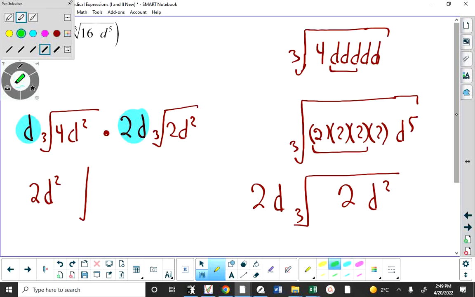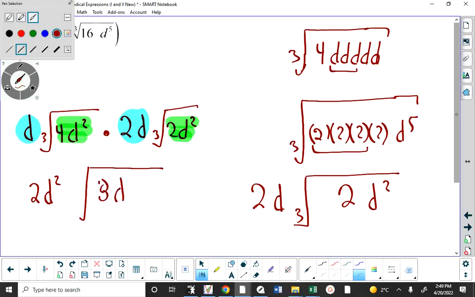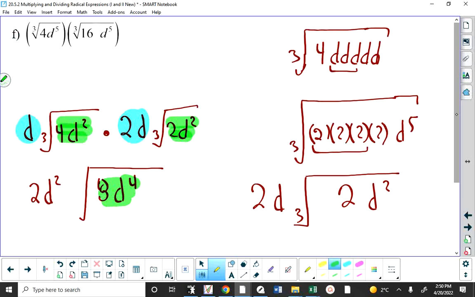And then we have the cube root of whatever this times this is, which will be 8d to the 4. All that work I did on the side, I got to do it again now, right? I now have another radical, and I have to repeat the process. Now, you're not always going to avoid that, but looking ahead, I knew that those d's would pile up by multiplying, so I would have just multiplied them first and then taken out what I could in one shot.